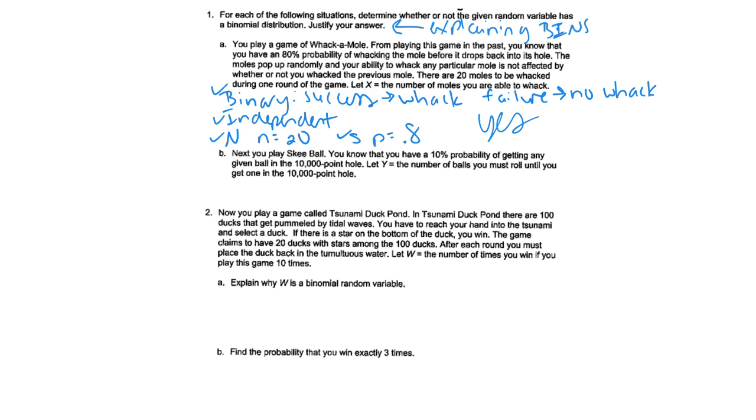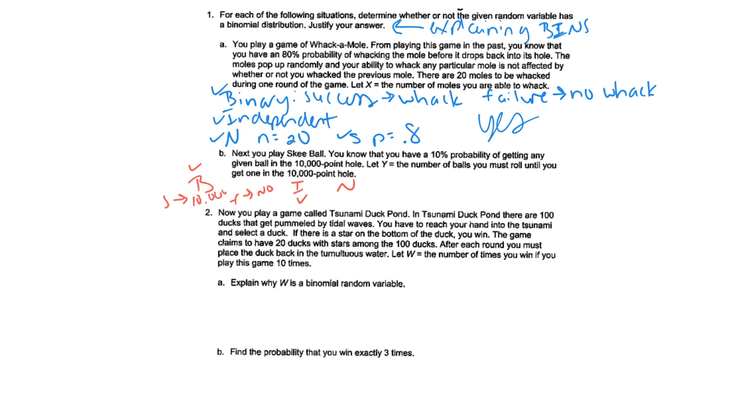So the second one, for skee ball, again, for my binary, I'm going to define what a success is and what a failure is. A success is the ball went in the 10,000 point hole. Failure is it did not. So make sure, again, you list those and define those. Independence: every time you throw the ball, it's independent of your other throws.